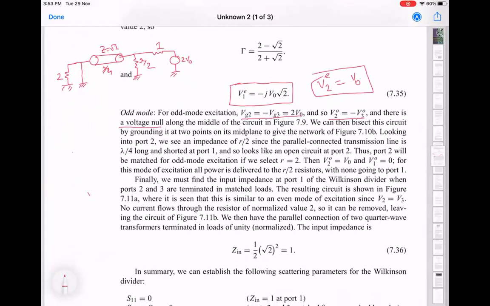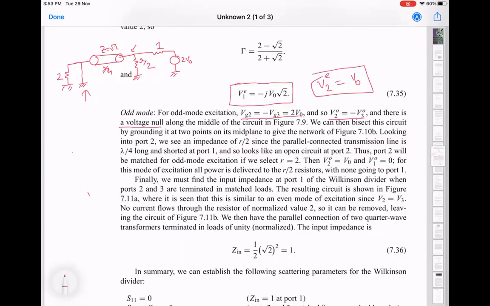So what he's saying is that since this point is a short and a lambda by 4 also, it's called the impedance inverter, right? So a short will become an open at this point. This point onwards to the left, the rest of the circuit just looks like an open circuit. So you forget about that because an open circuit is basically infinite impedance.